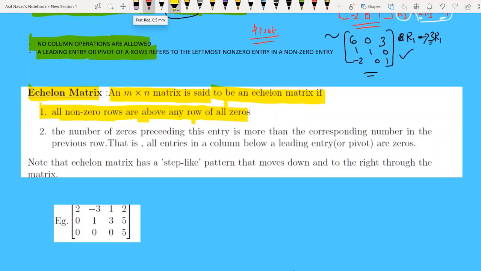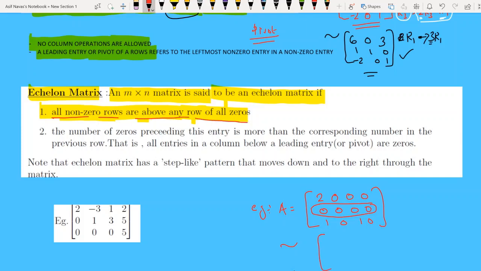That means if there is a zero row in the matrix, for example, a matrix like 2 0 0, 0 0 0, 0 1 0, this is not in row echelon form because here a zero row is in the middle. So our condition is that in row echelon form all non-zero rows are above any rows of zeros.